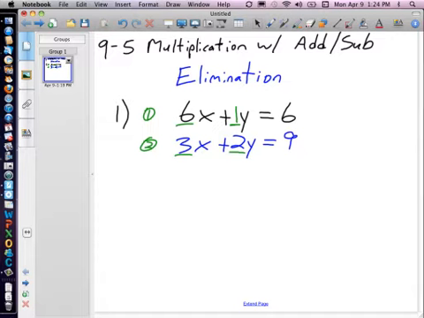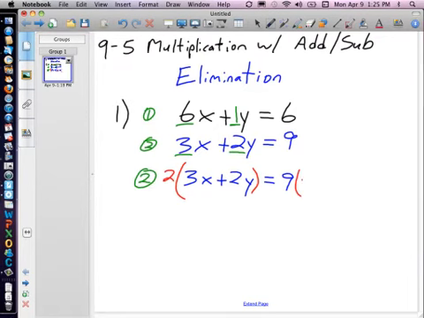So let's try that. If I take equation 2, which is 3x plus 2y equals 9, and I multiply both sides by 2, I end up with 6x plus, not 2, 6x plus 4y equaling 18.